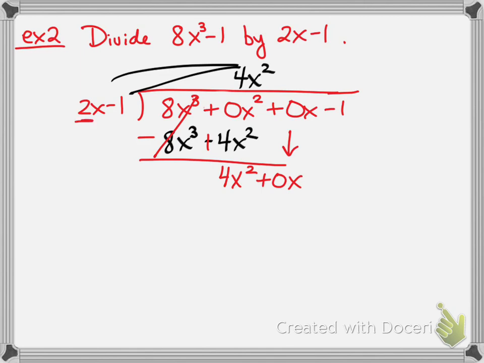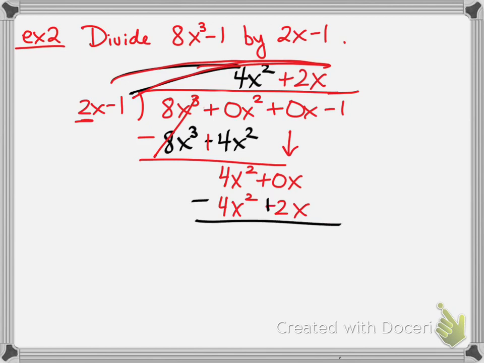What do you multiply 2x by to get 4x squared? 2x. 2x times 2x is 4x squared. And 2x times 1 is minus 2x. Draw the line, change your signs. This always cancels. Add 0 and 2 and get 2x. Bring down the last term.